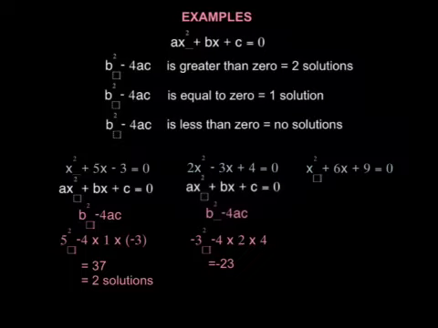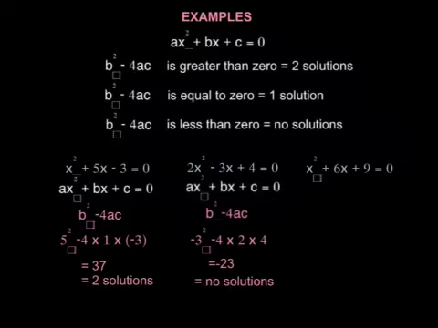Then minus 4 multiplied by 2 is 8. 8 multiplied by 4 is, 8 multiplied by minus 4 gives us minus 32. Then 9 minus 32 gives us an answer of negative 23. Okay, negative number. It's less than 0. How many solutions are there? There are no solutions to this equation.